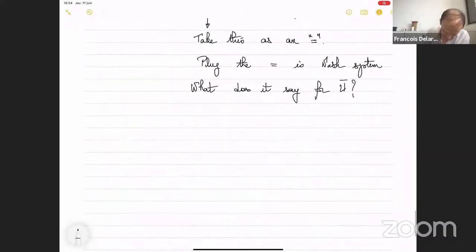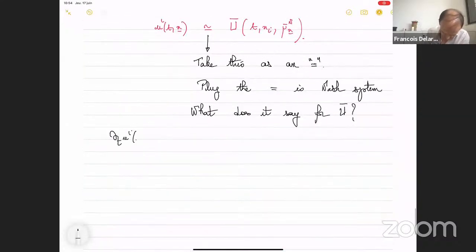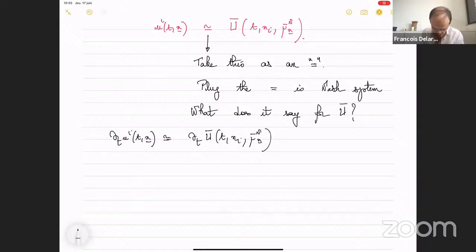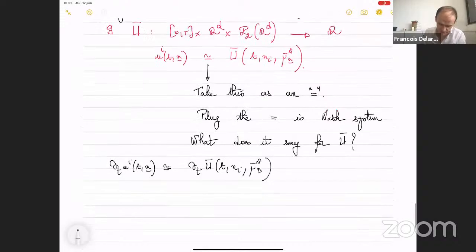So I take the time derivative of U^i(t, x underline). If I take the equality for granted, then I should have the time derivative of U bar(t, xi), or maybe if you prefer, approximately equal anyway. This is just intuitive. I get the term derivative, so this one is pretty easy.